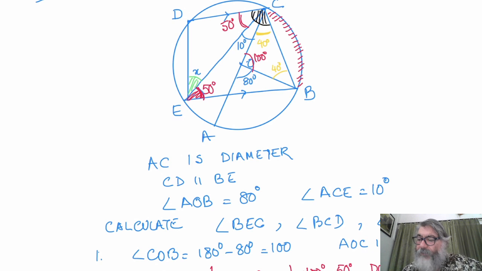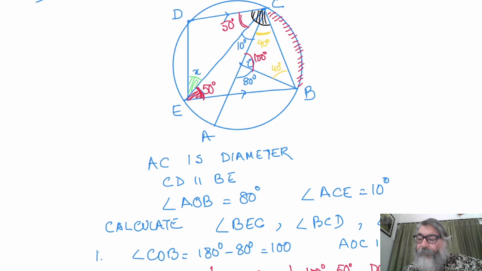So there were two methods. One method which I applied was in the triangle OCB, OC is equal to OB. Two sides of the triangle are equal, so the angles opposite to them will be equal, 40 degrees each.